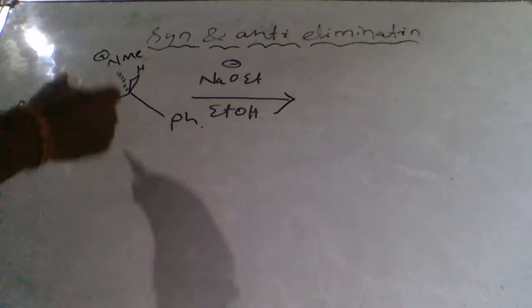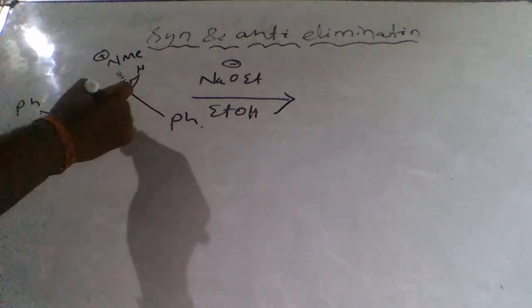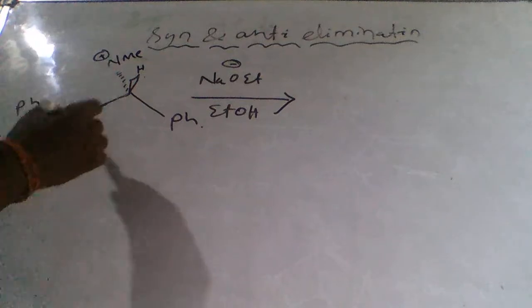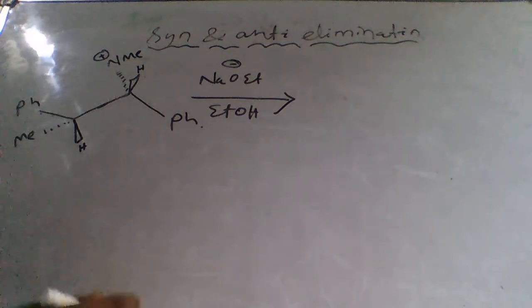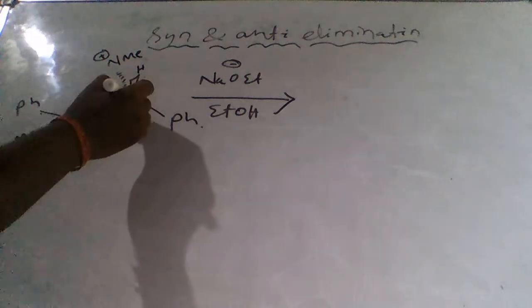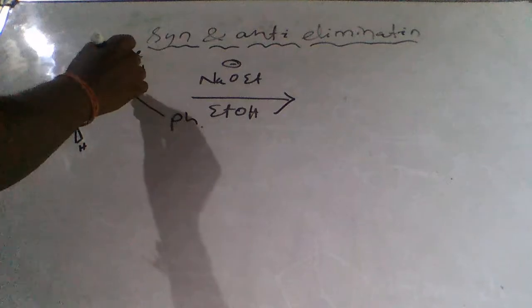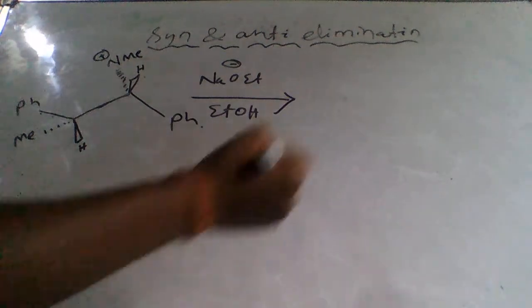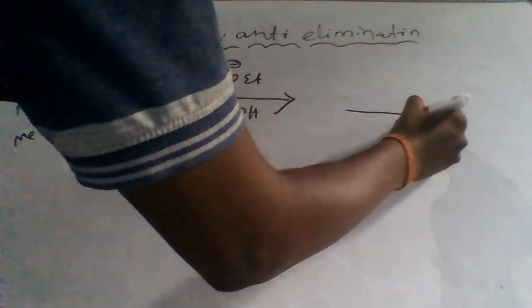So we'll keep this bond constant and rotate these three bonds, because we'll make both of these bonds anti-periplanar. How will we rotate? I am showing you.